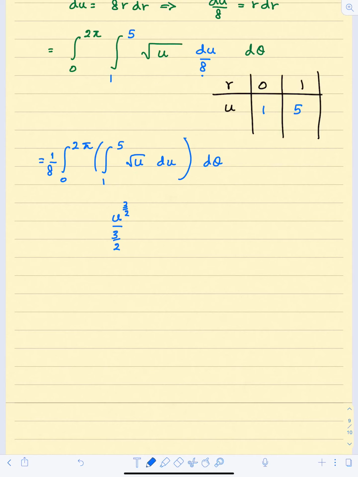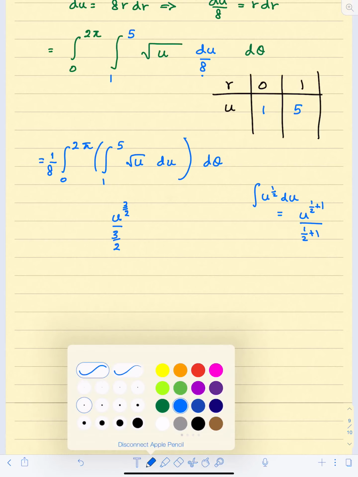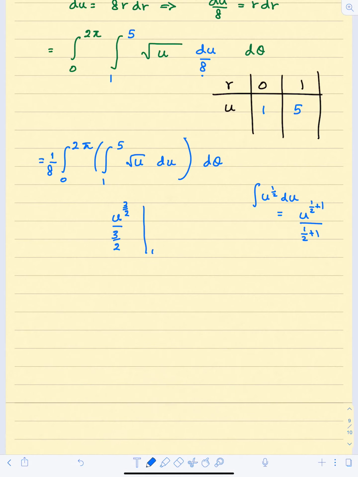If we integrate u to the power 1/2 with respect to u, you should get u to the power 1/2 plus 1 over 1/2 plus 1. After that, we need to apply the limits.